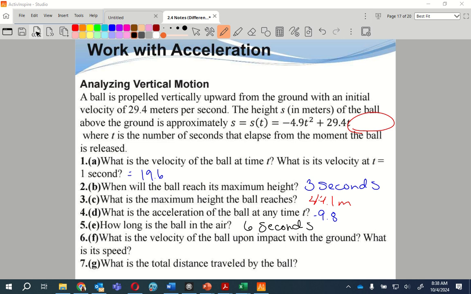Next one. What is the velocity of the ball upon impact with the ground? So velocity is which one? That's a first derivative, right? Velocity is my first derivative. So I'm going to set my first derivative and evaluate it for 6 seconds.